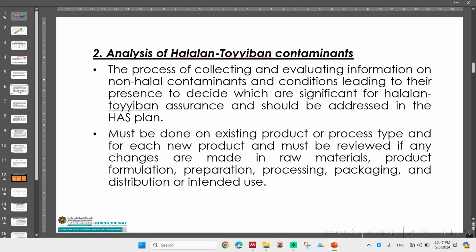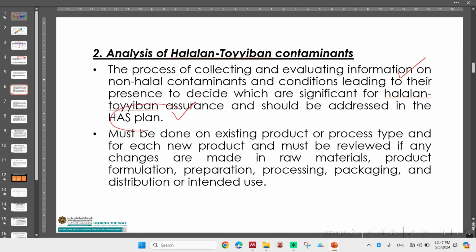In order to cover those stages, it shall require us to collect and evaluate information on the non-halal contaminant and the conditions leading to their presence, to decide which are significant for halal tayyiban assurance and shall be addressed in the halal assurance system plan.